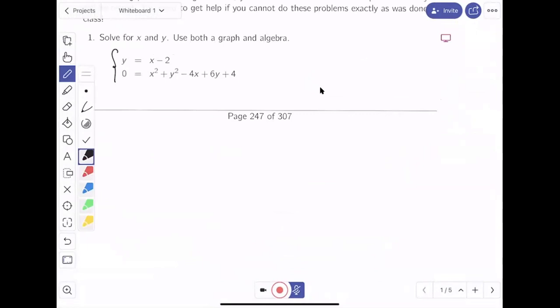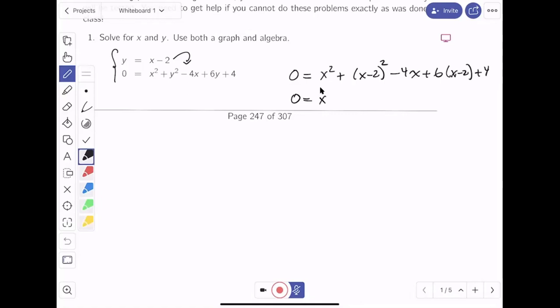So y is equal to x minus 2. I'm going to take this and plug it in where we see y. So what do you get? You get 0 equals x squared plus y squared, which would be x minus 2 squared, minus 4x plus 6y. Well, again, y is x minus 2, plus 4. Let's see if we can solve this equation.